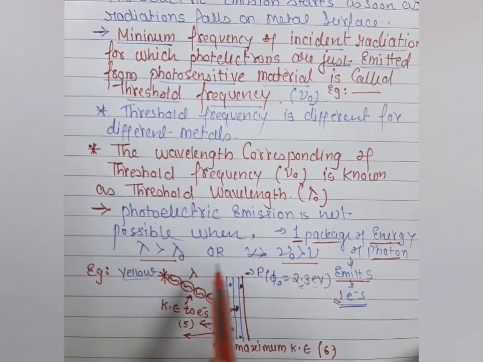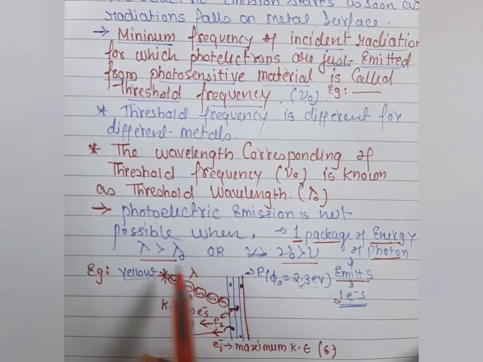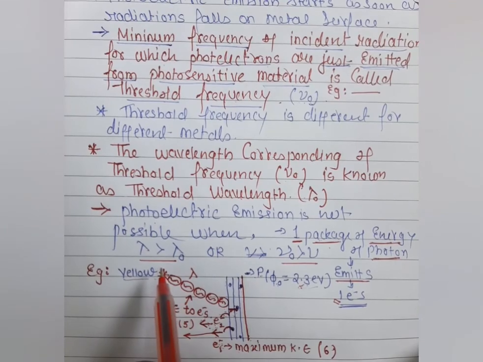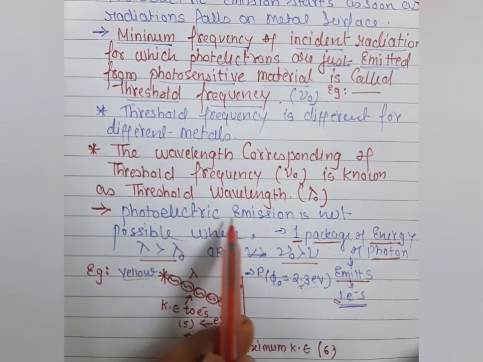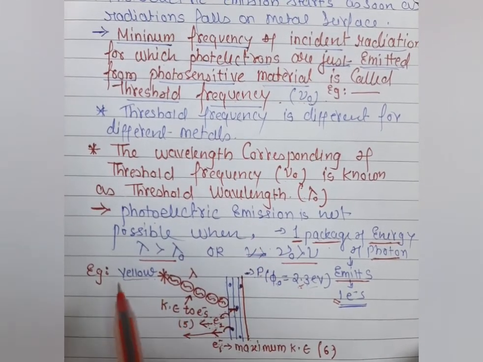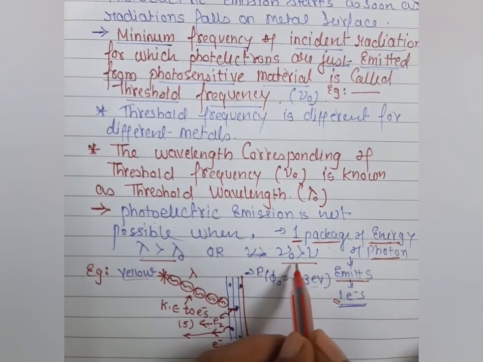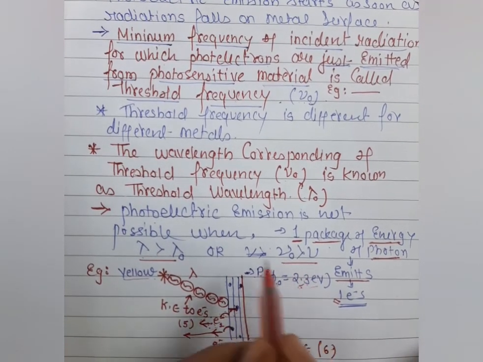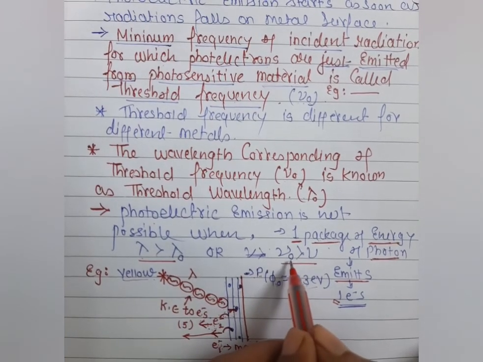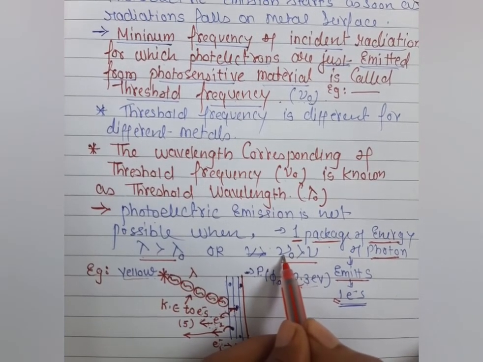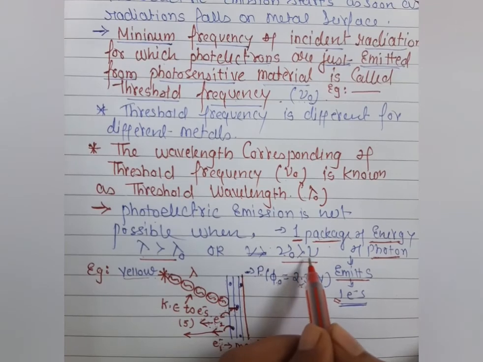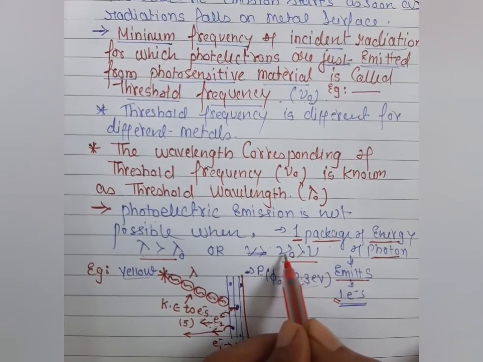Photoelectric emission is not possible when lambda is greater than lambda naught or nu is less than nu naught. It means, students, that the frequency of light is less than the threshold frequency of the metal.